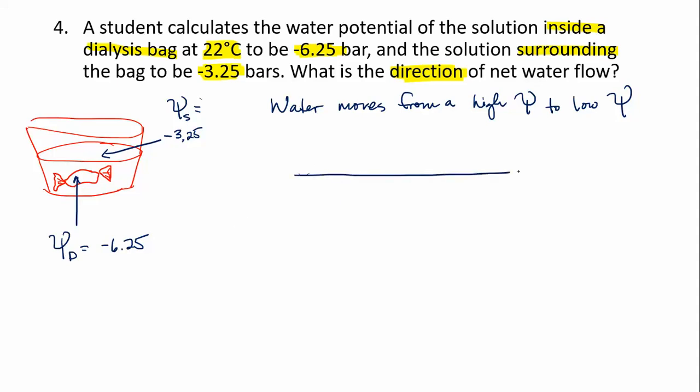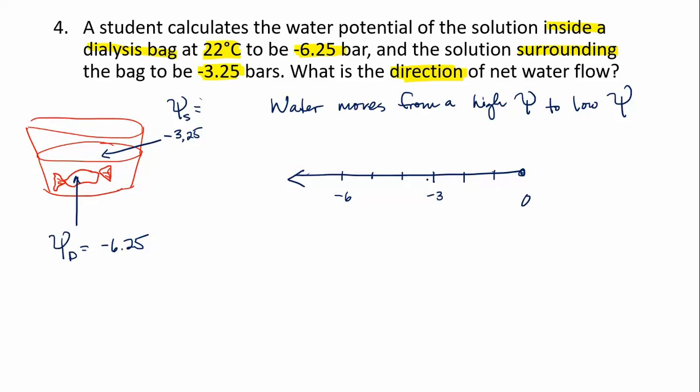So let's look at our old friend, a number line. And let's say that this is 0. Everything to the left of that is going to be negative. So this is negative 1, 2, 3, 4, 5, 6. So negative 6, negative 3.